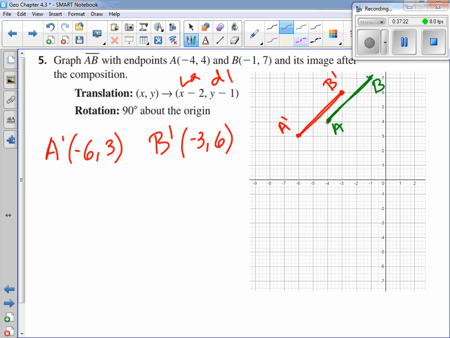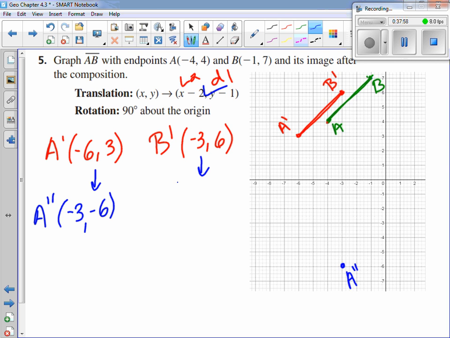And what does it ask next? So we did this one. Now we want 90 degrees about the origin. So which direction are we going? Counterclockwise. So I would flip these and make the first one negative. -3, -6. Well, we would flip it. The -6 wouldn't change, but we would make the 3, since it was positive, now negative. That'd be our A double prime, -3, -6.